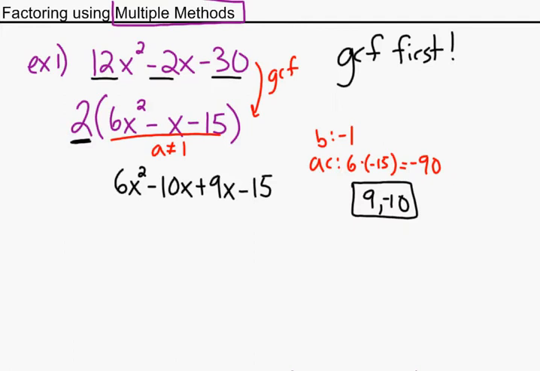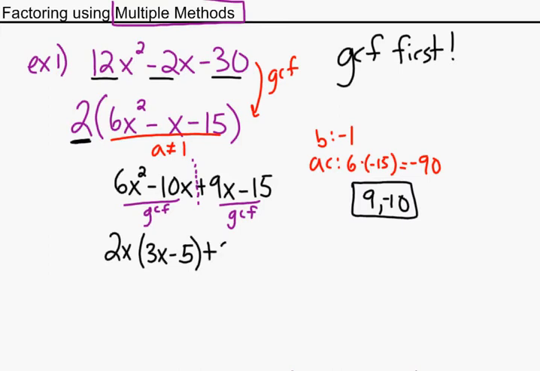From here on out, I just want to keep using GCF, so I split it in half and use GCF on each of these small pieces. From the first piece, I can pull out a 2 and an x and be left with 3x minus 5. My goal is to get a 3x minus 5 out of the next piece so I can keep going.